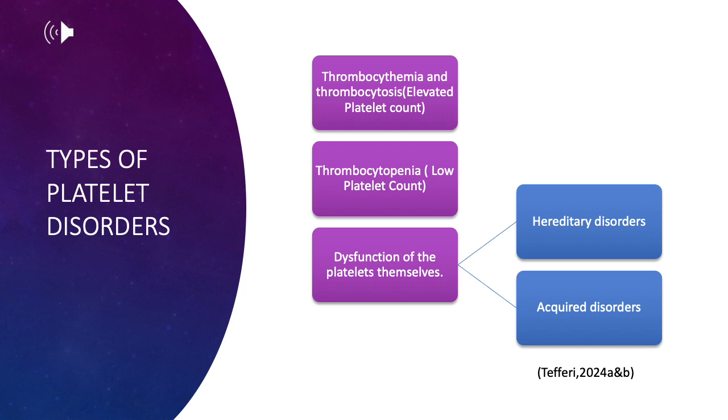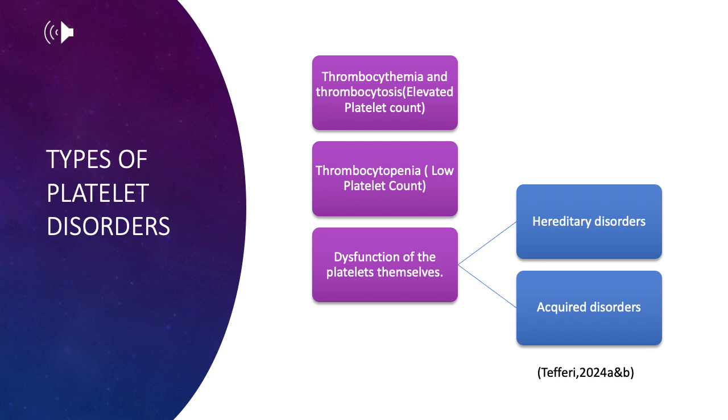And we're also going to talk about thrombocytopenia, which is a low platelet count. This can be caused by a reduction in platelet production or certain medications potentially. The third and final category of platelet disorders would be dysfunction of the platelets themselves. This could be an issue with the shape of the platelet, either too big or too small, or an issue with how the platelet reacts to the clotting factors that are released when there's damage to a cell.